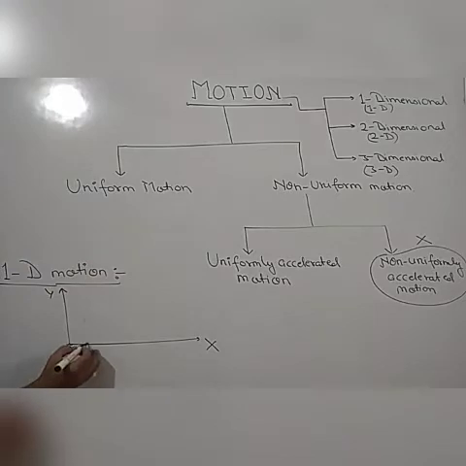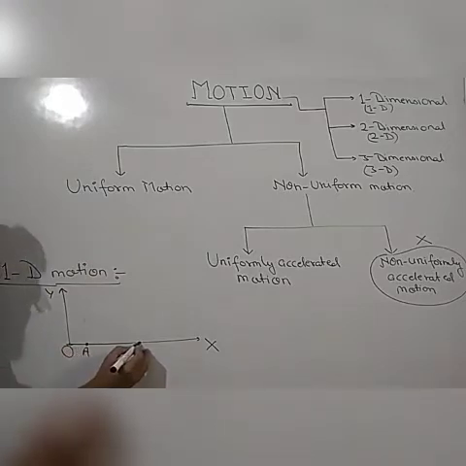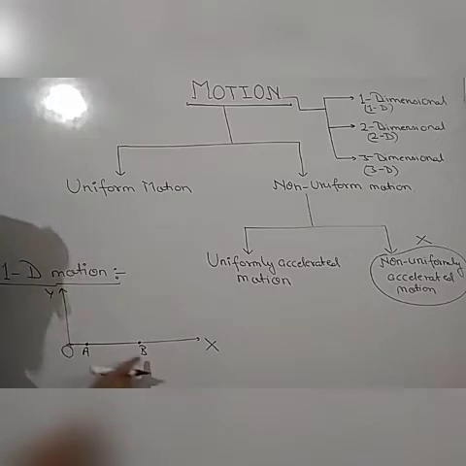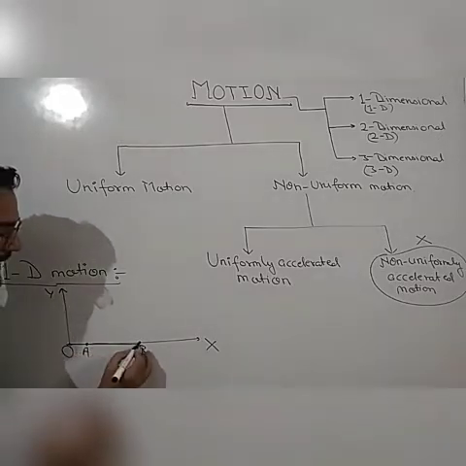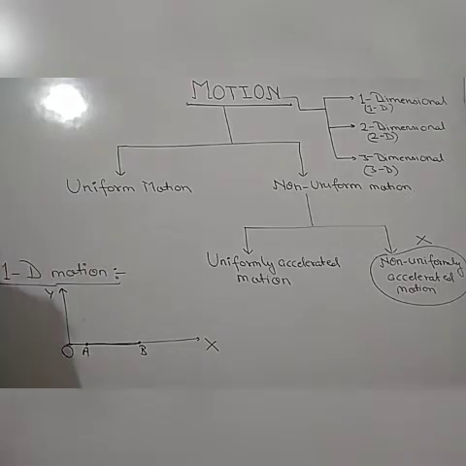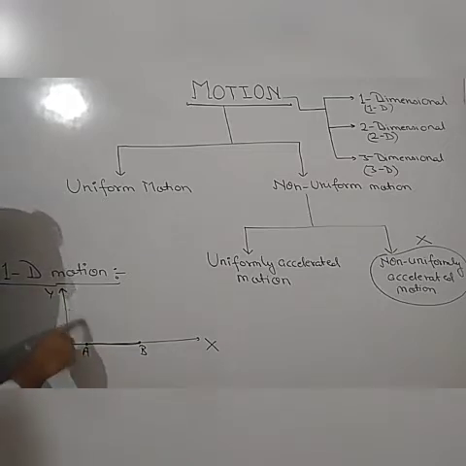If the particle was initially at this point A, and after some time the particle is at point B, so if we consider the motion from A to B, this motion is taking place on the x-axis. It means only the x coordinate is changing. There is no change in the y coordinate of the particle. So there is a change in only the x coordinate, no change in the y coordinate.